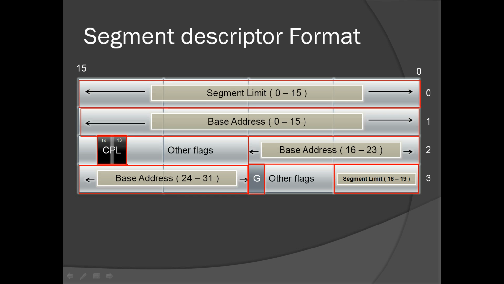This is the most important part for us, which is the CPL. It is basically the 13th and 14th bits in the second DWORD of the segment descriptor. So basically, a segment descriptor points to a chunk of memory designated by the base address and the segment limit, and the privilege of that chunk of memory is determined by the CPL of the segment descriptor.